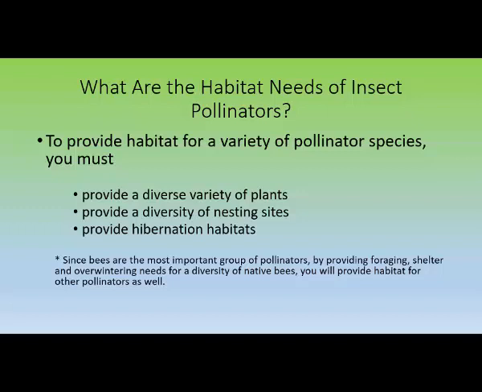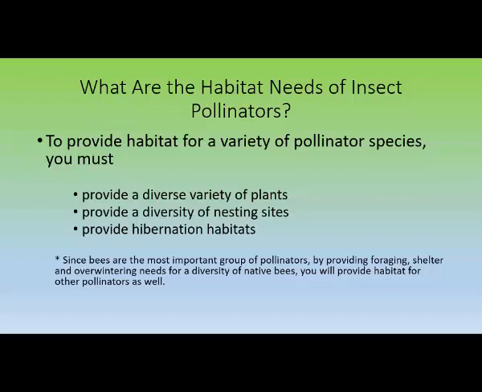One of the things to keep in mind is that our most important pollinators are the bees. That's simply because they forage for pollen. Those other orders that we just talked about, they do not forage for pollen. They're nectar feeders, and they just happen to get pollen on them, so they're important, but the bees are the really important ones.